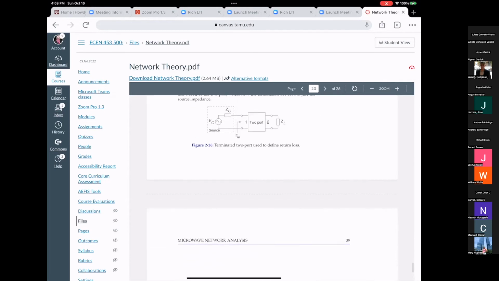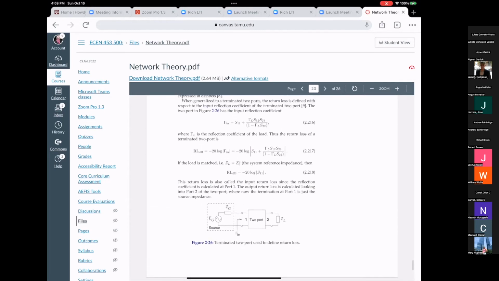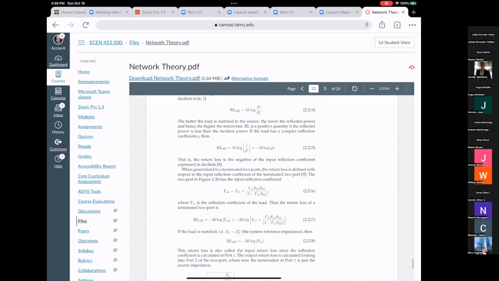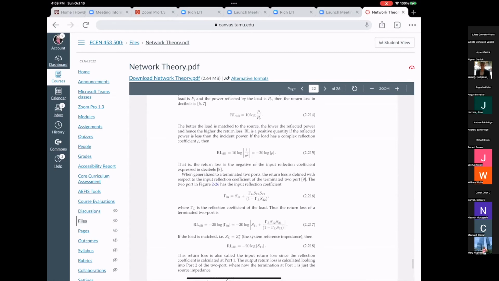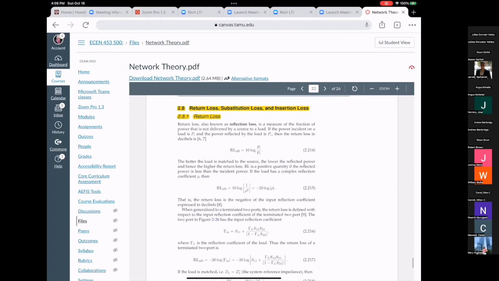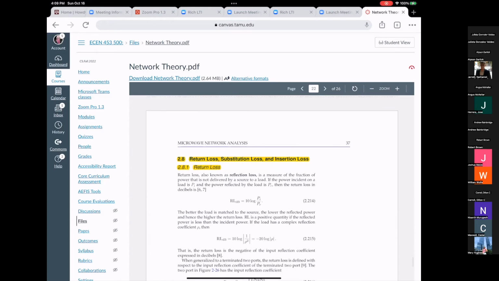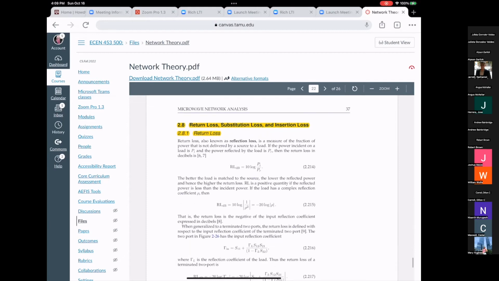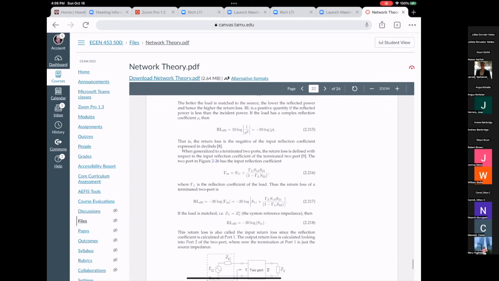Measurements in the lab. Here that gives you the reflection, the input. Well, I'm not going to ask you anything like that, but I would like you to also read the return loss. These are important things we need to cover later. All right, they're very important sections that you will need to read.